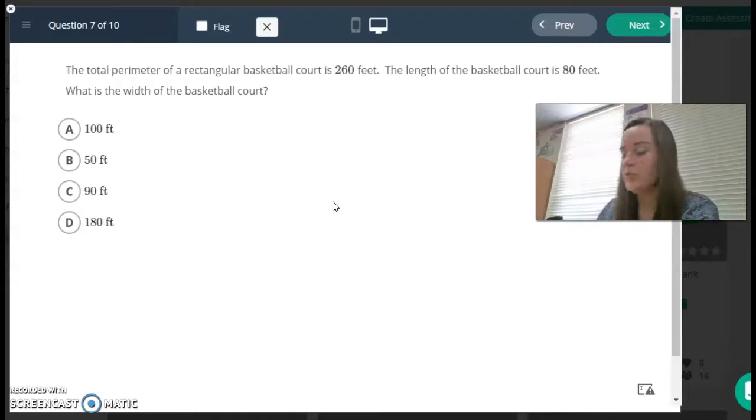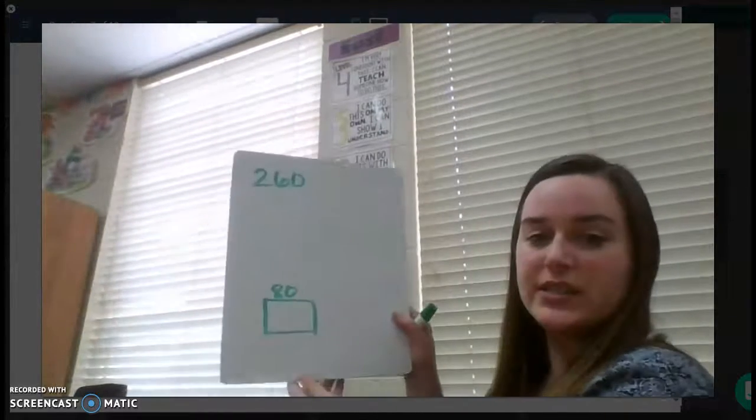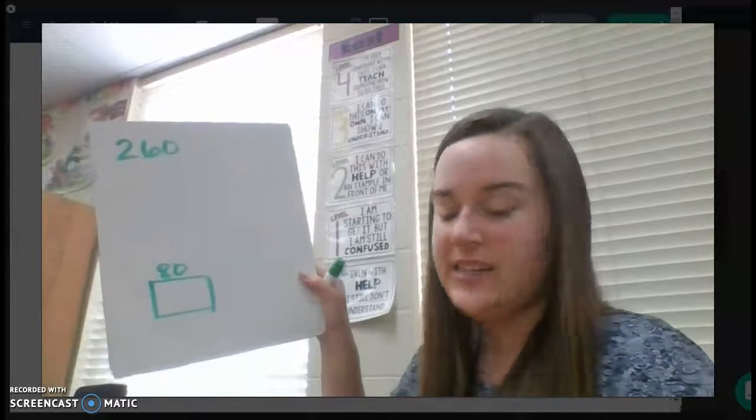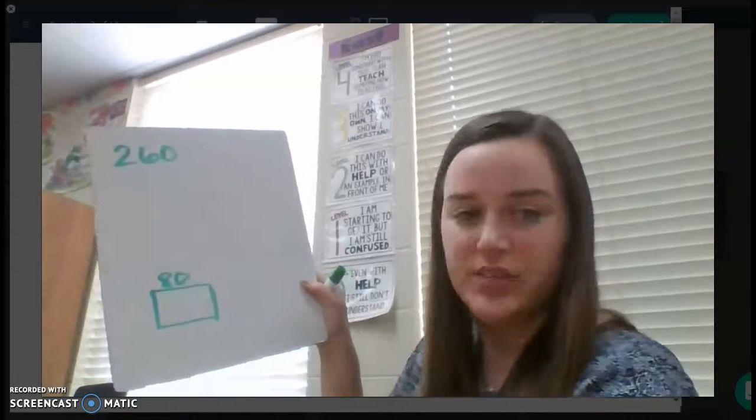So we have total perimeter is 260. And we know that one of the side lengths is 80. Okay, so let me make this big screen. We know our total we need to get to is 260. Now we need to find these other sides.